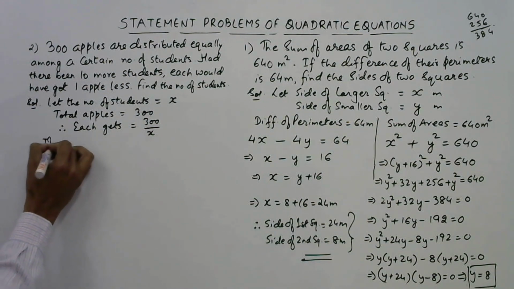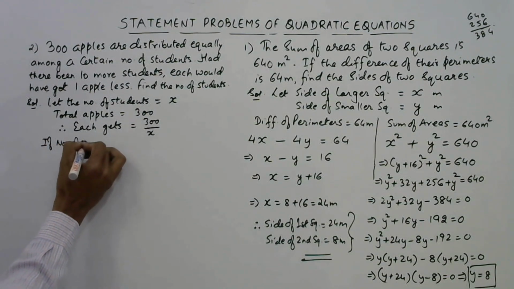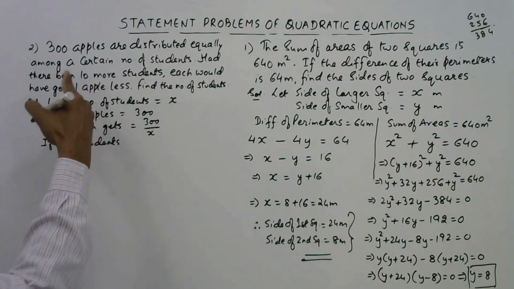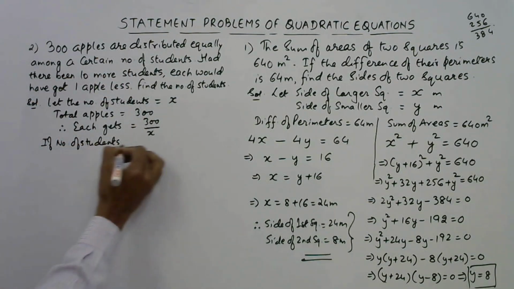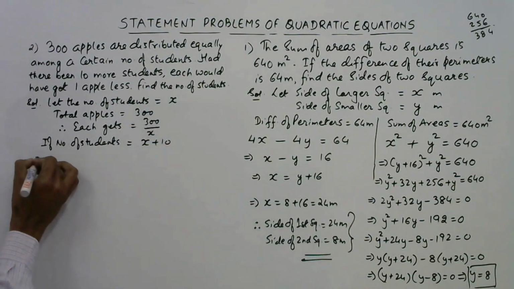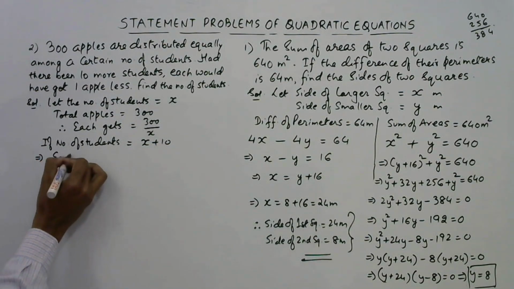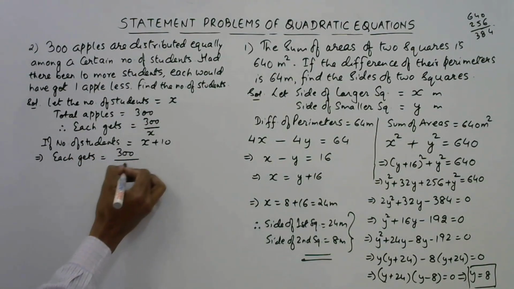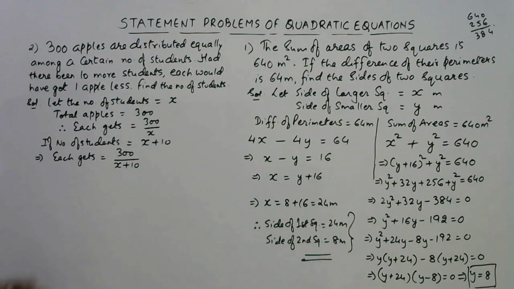But if number of students increases to 10 more, so number of students now becomes x plus 10. So each gets 300 total apples divided by number of students x plus 10.